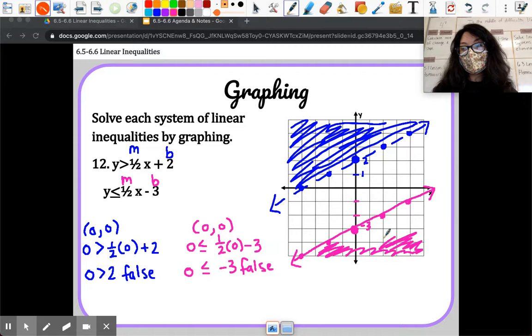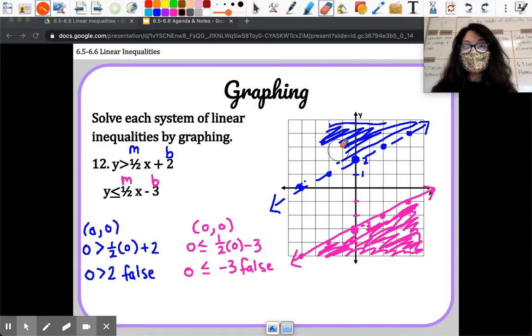Now ask yourself, where is the region where the shading overlaps? And hopefully you can see right off the bat, there is no region where the shading overlaps. So in this particular system, there is no solution. So I'm actually going to go back and erase all of my shading.